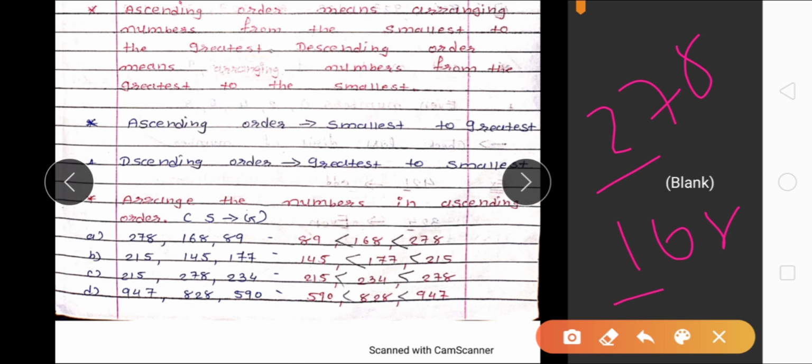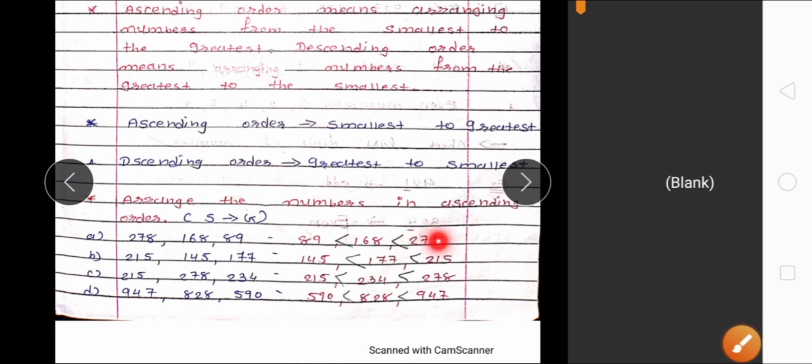In 168, 1 is in the hundreds place. So 2 is bigger, 1 is smaller than 2. So 278 is the biggest number and 168 remains. So we can write 89 less than 168 less than 278.